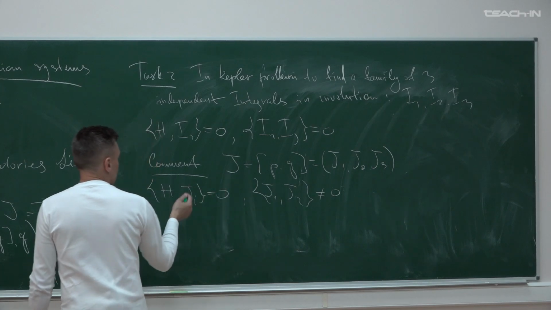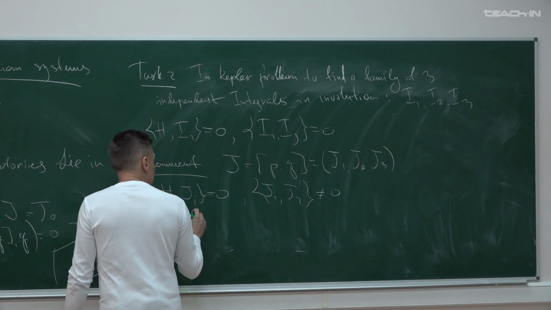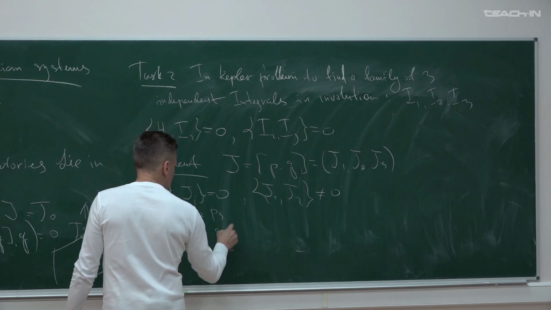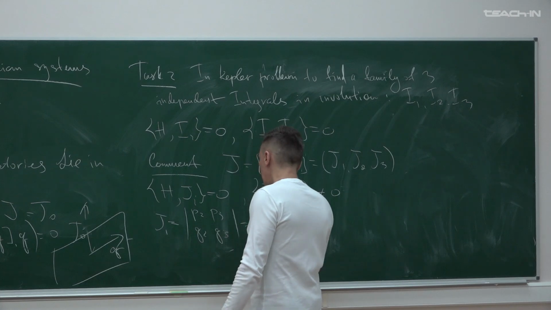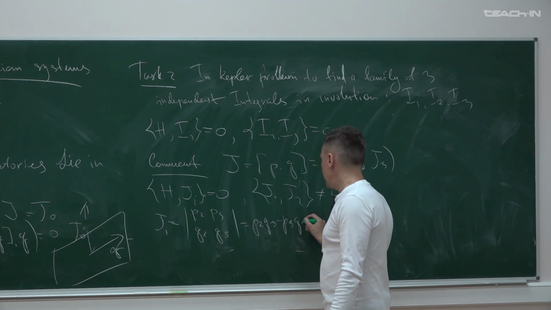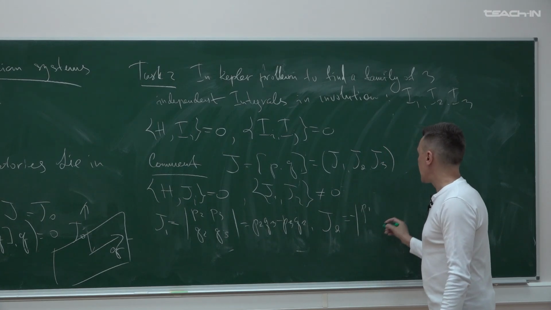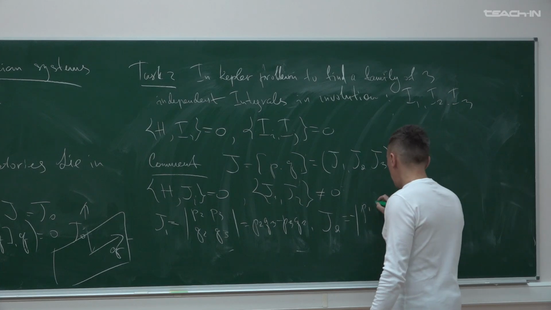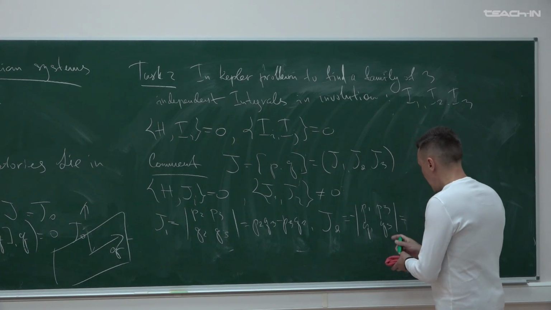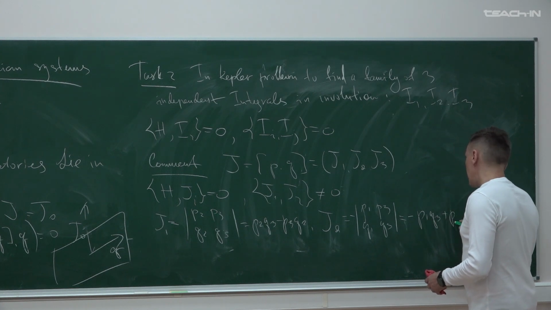Let us calculate it in coordinates. So J1 is just the determinant of P2, P3, Q2, Q3, or P2 Q3 minus P3 Q2, and J2 is the determinant of P1, P3, Q1, Q3 with a minus, and it is equal to minus P1 Q3 plus P3 Q1.